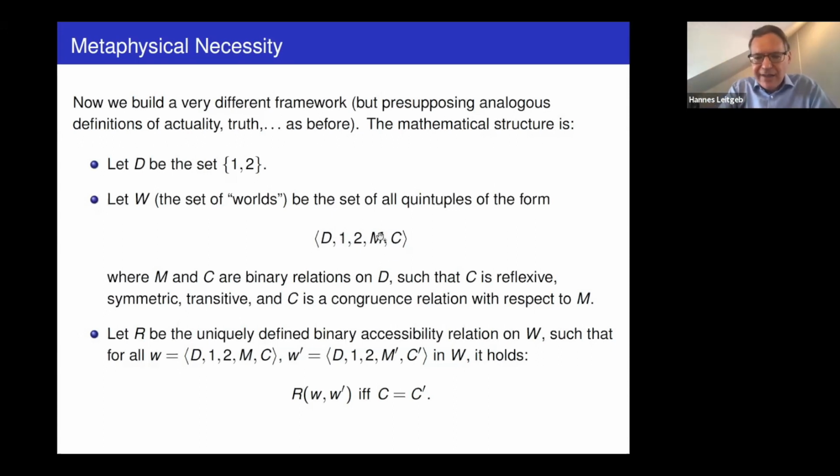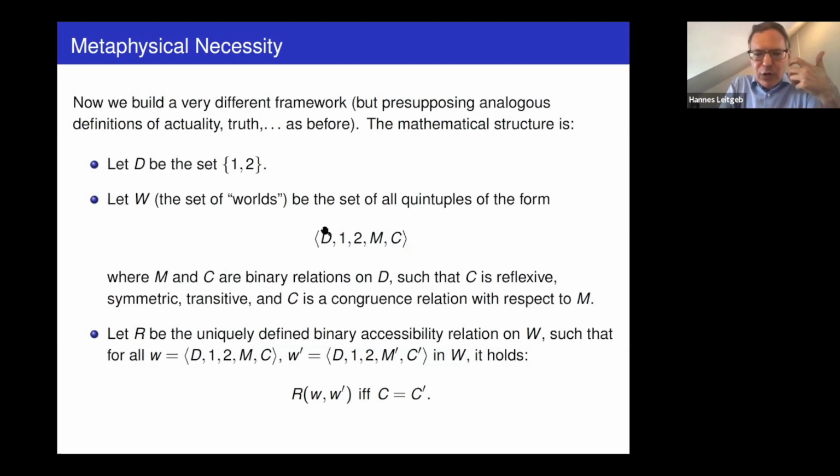And then I have 2 sets, and here they will be binary relations. M and C will be binary relations on the set D at the world. And I'm going to presuppose nothing for M, as it were, but for C, I'm going to presuppose that C is a reflexive, symmetric, and transitive relation, and in fact, what's called in logic or mathematics a congruence relation. So basically, it's something like the formal counterpart of an identity or equality relation.